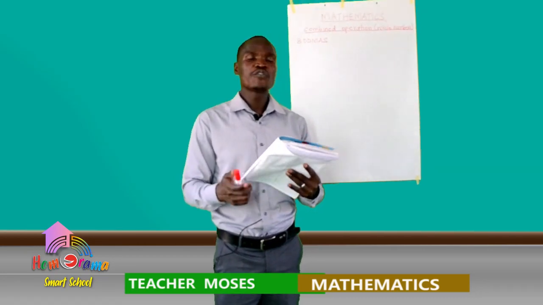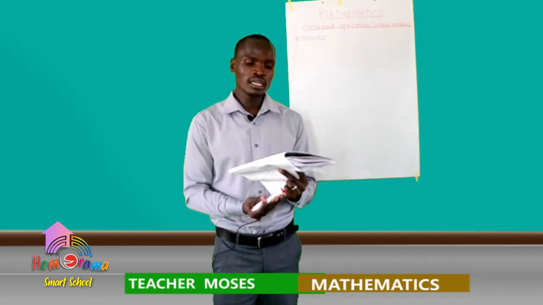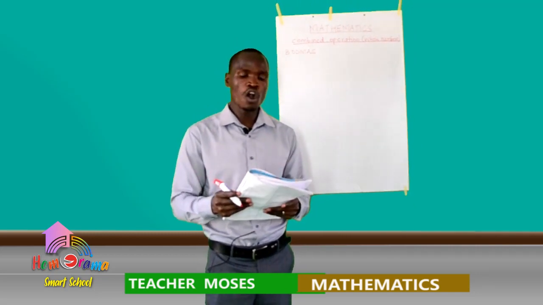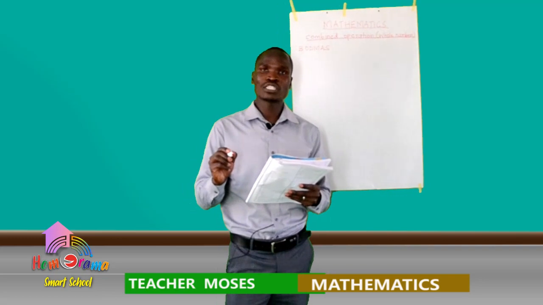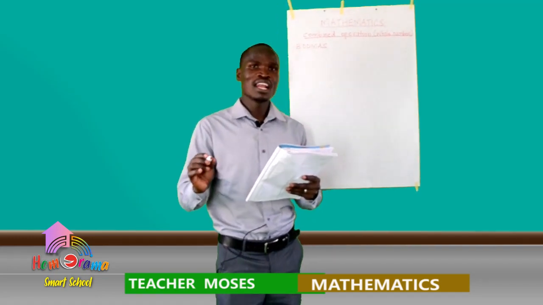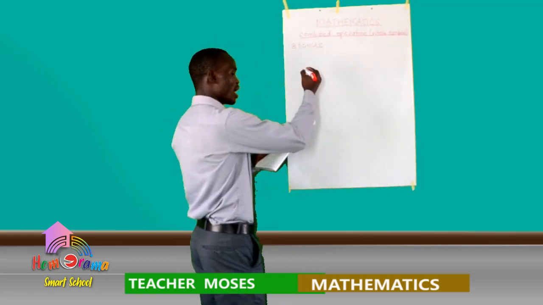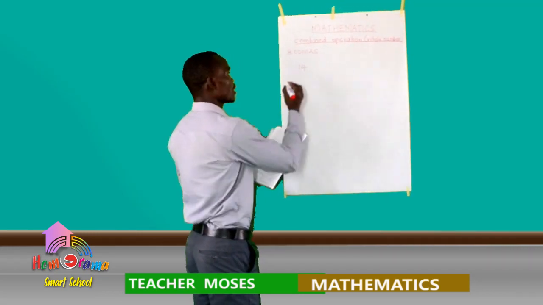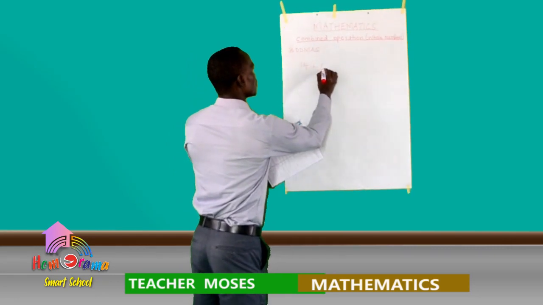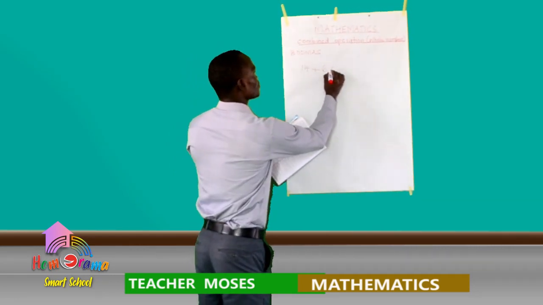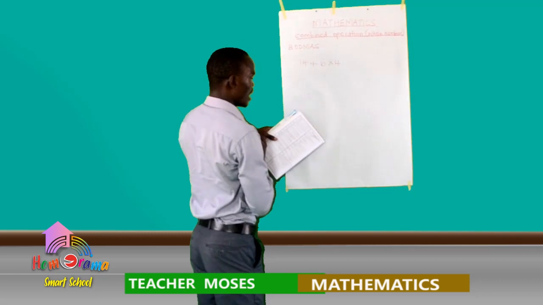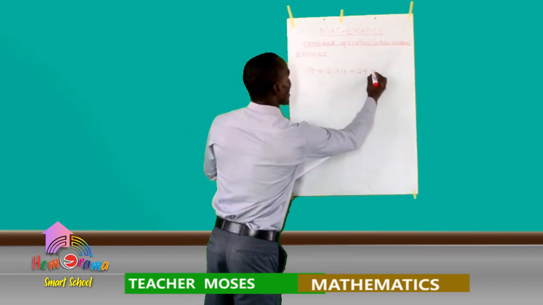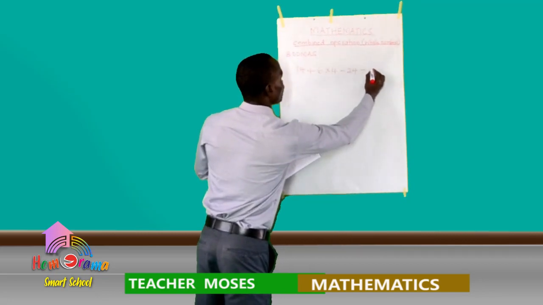I have 14 plus 6 multiplied by 4 minus 24 divided by 4. Let me write it down also. We have 14 plus 6, then times 4, then minus 24, and divide by 4.